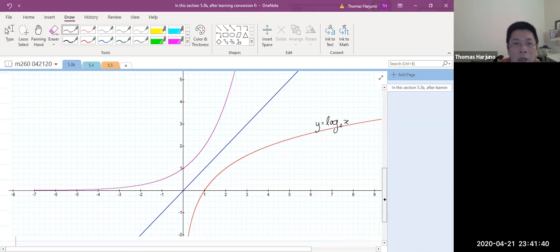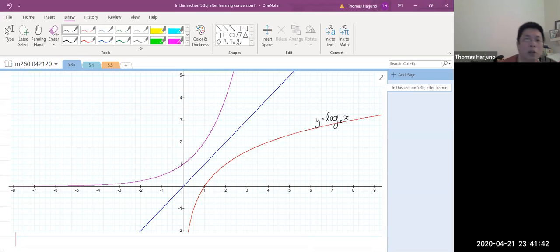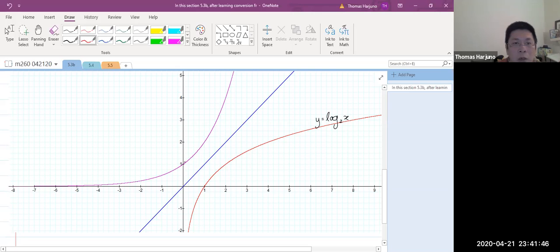Now, remember the three important coordinates. The three important coordinates that we have in an exponential function are the y-intercept (0, 1), and then (1, b), in this case (1, 2), and (-1, 1/2). These are the three important coordinates.